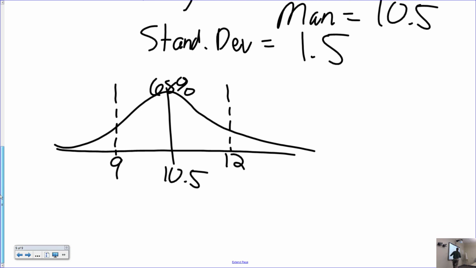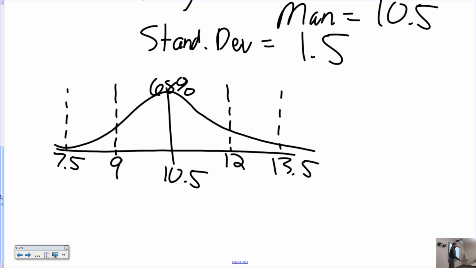Let's go with another standard deviation, right? If I add 1.5 to 12, 13.5. If I subtract 1.5 from 9, or the other way around, 7.5.